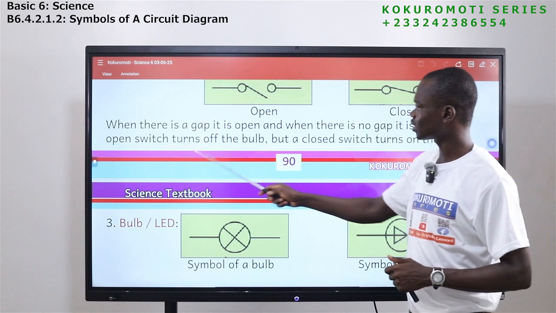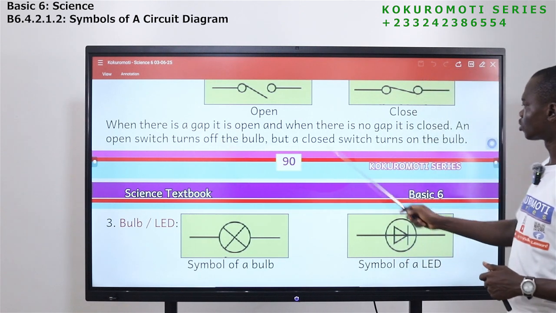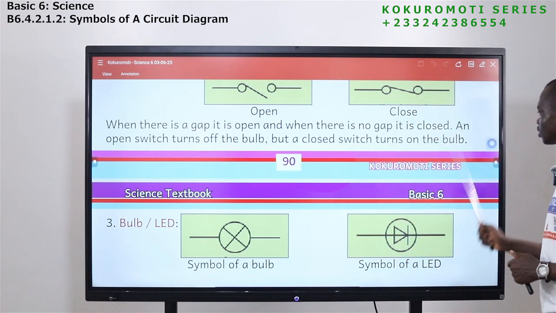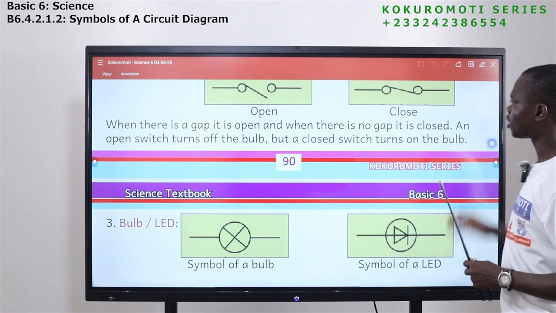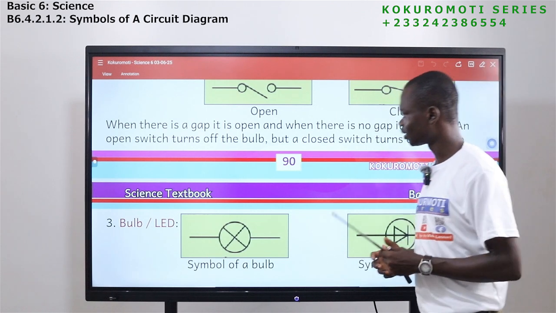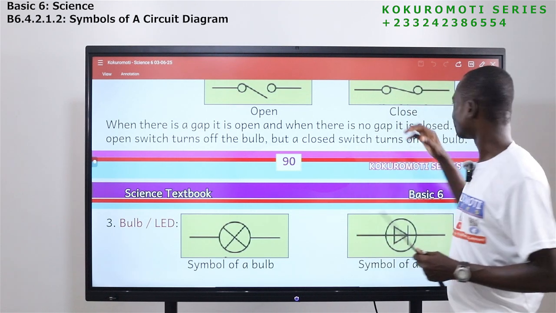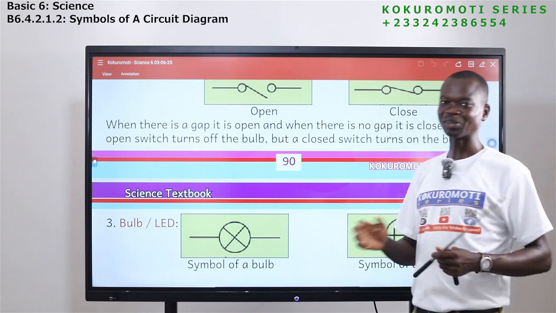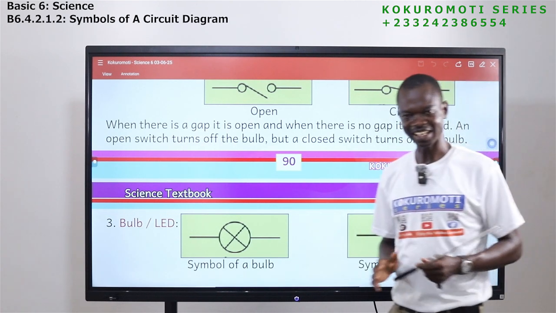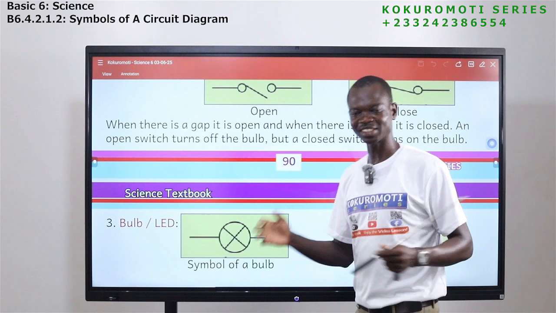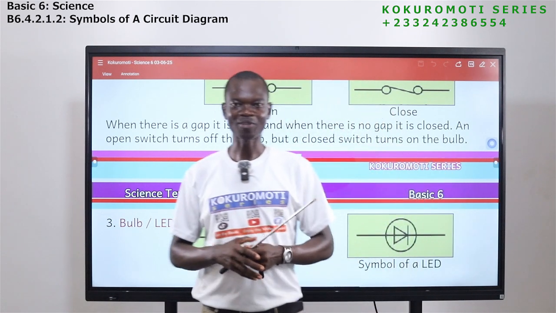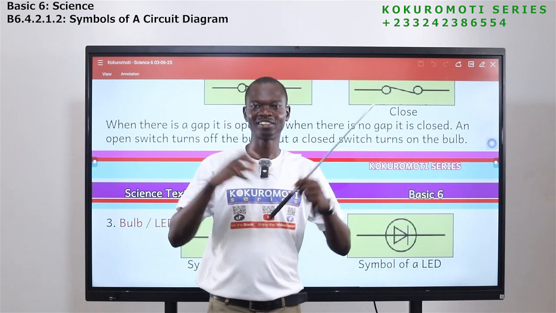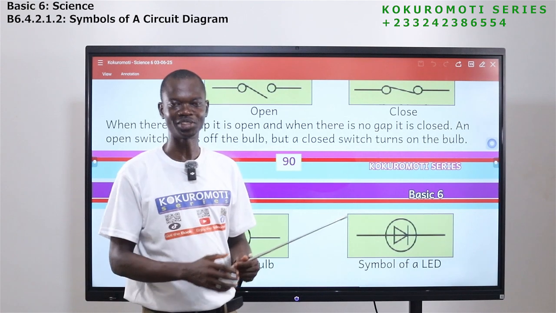An open switch turns off the bulb, but a closed switch turns on the bulb. If the switch is open, the bulb will not produce any light. But if the switch is closed, where there is no gap, you see that the bulb will produce light.